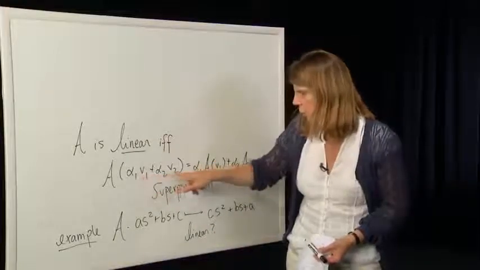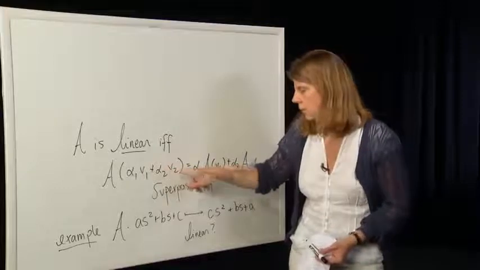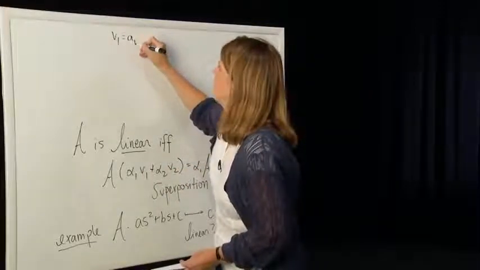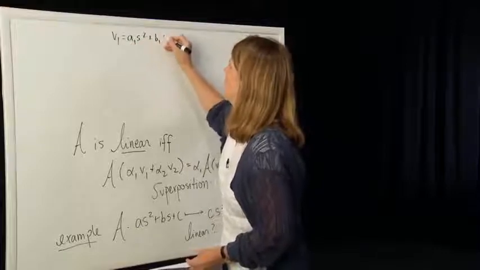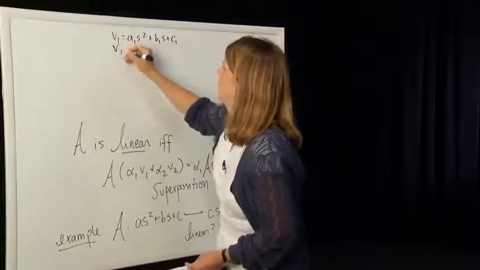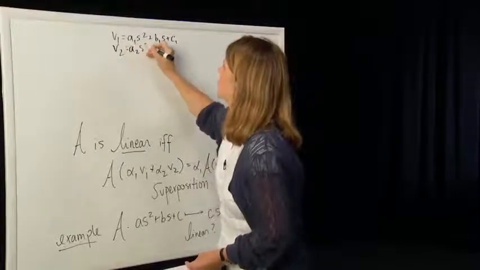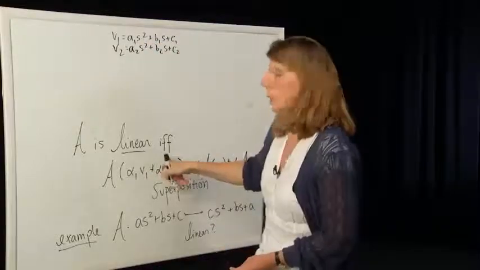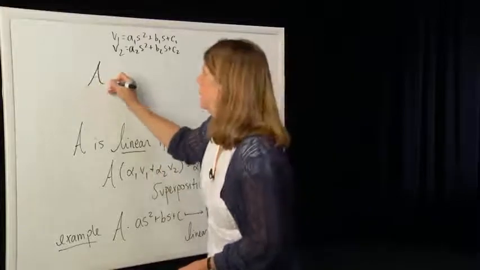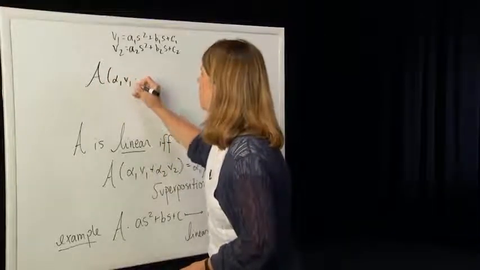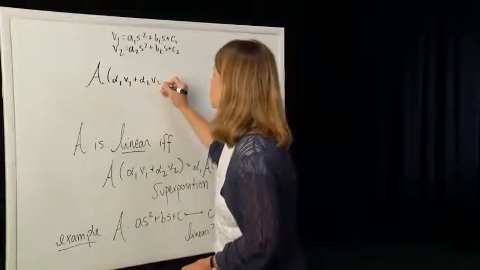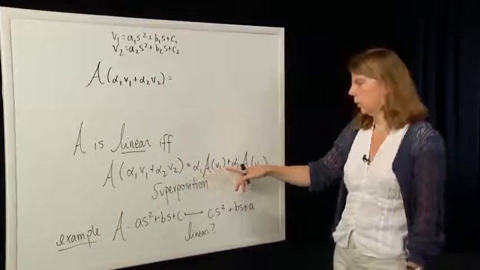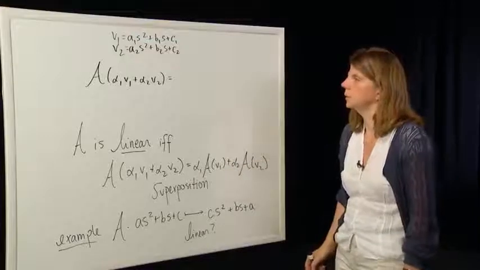We're going to take two elements of our space, V1 and V2, and I'll write them as follows. V1 is a1 s squared plus b1 s plus c1. V2 will be a2 s squared plus b2 s plus c2. Now I need to show that A of alpha 1 V1 plus alpha 2 V2 is equal to the linear combination alpha 1 A of V1 plus alpha 2 A of V2.